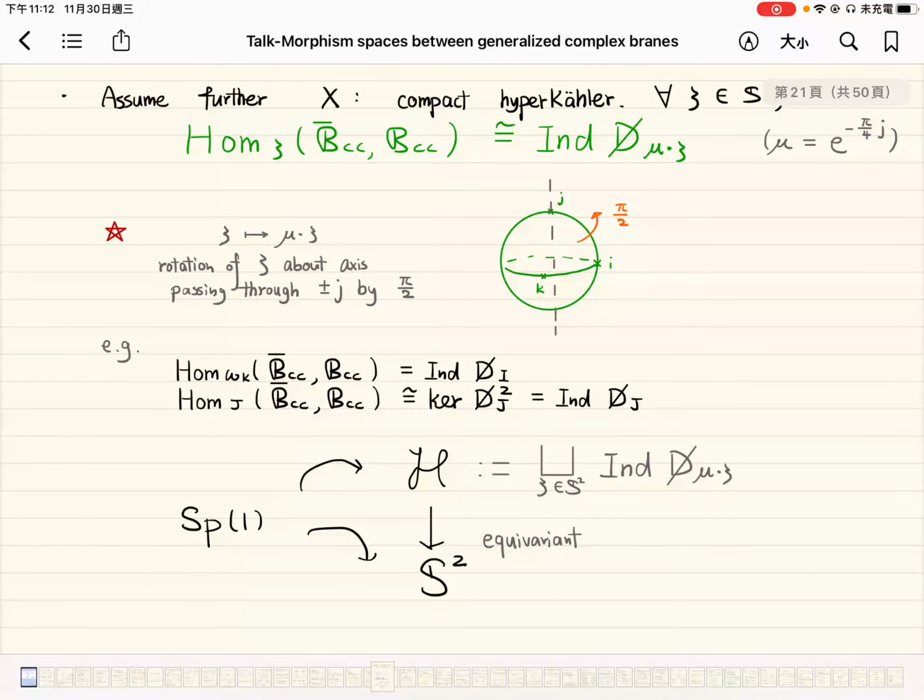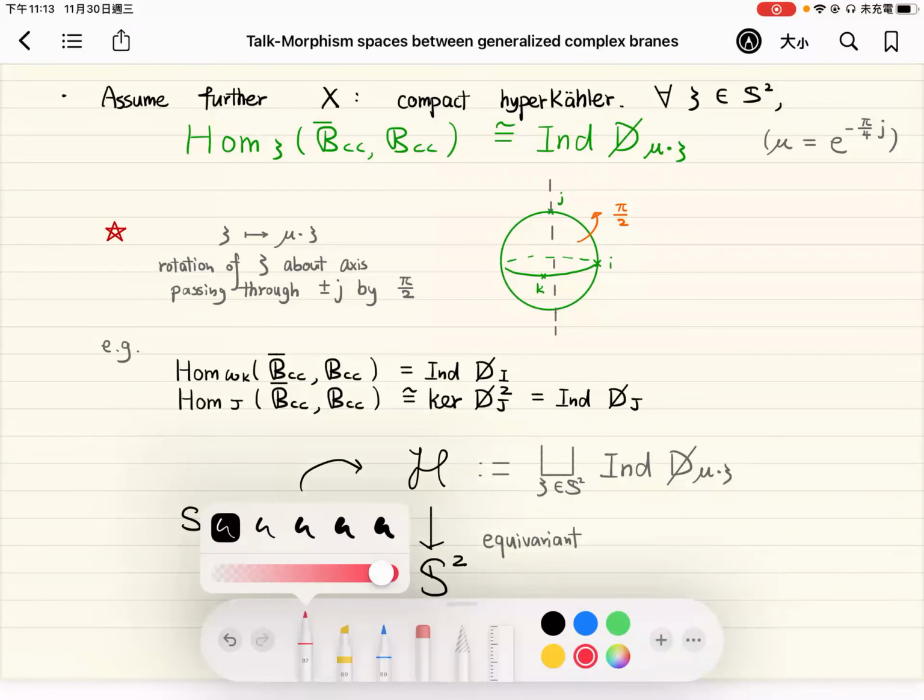After some computation, you can find that if you choose a zeta parameterizing the generalized complex structure, and we compute the corresponding morphism space, it will give you the index of the Dirac operator for another complex structure, but that complex structure is the action of a certain quaternion mu on zeta. So there is a change of the parameter here.